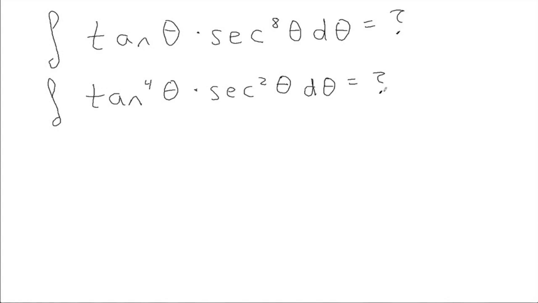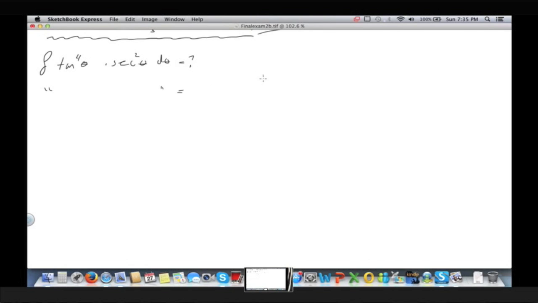Now let's try this problem. Okay. The derivative of tangent is secant squared x.